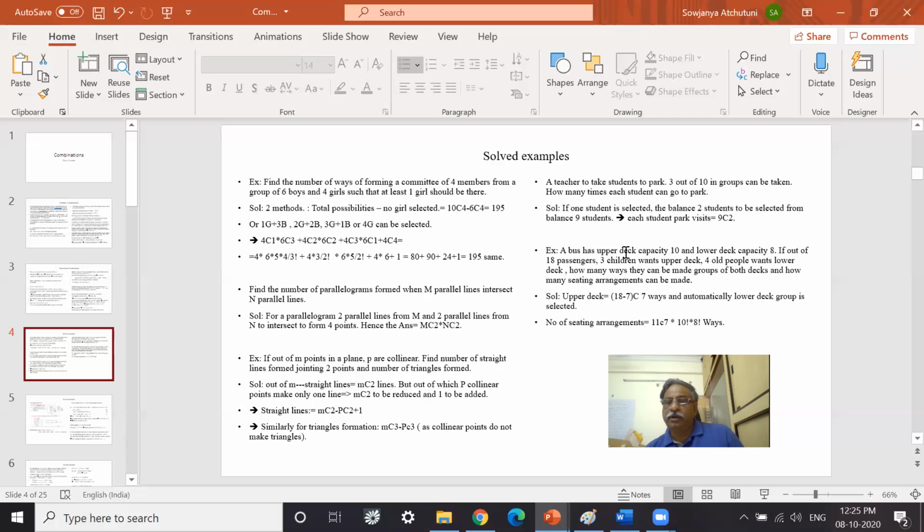Let us say out of 18 passengers, the upper deck capacity is 10 and the lower deck capacity is 8. So 3 children are already occupying the upper deck. How many balance seats are left in the upper deck? 7 are left.